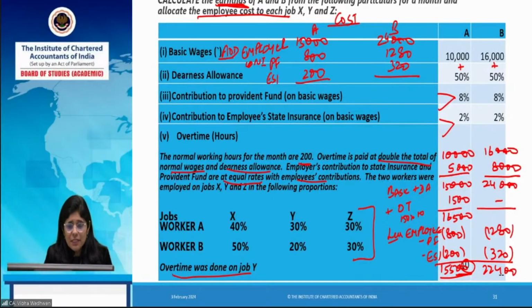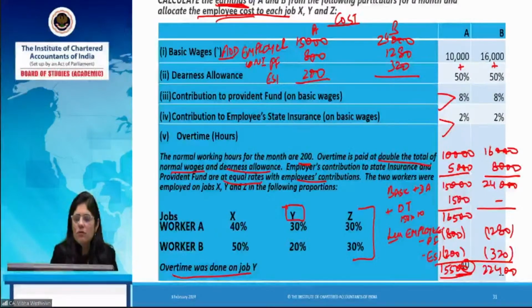So I'm repeating, we will allocate the overtime to job Y directly. We will not include overtime to calculate the rate per hour, because otherwise it will spread over everything. So we will include the overtime directly to Y later. But to calculate the employee cost per hour, only then we will apportion. Clear?